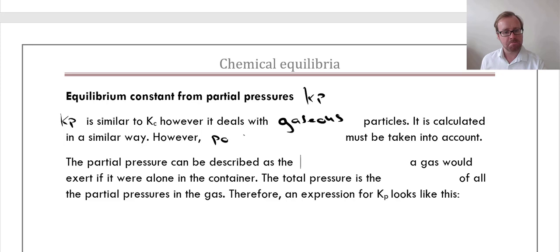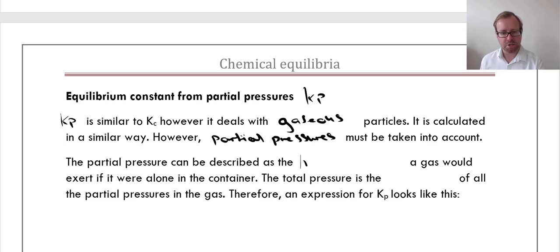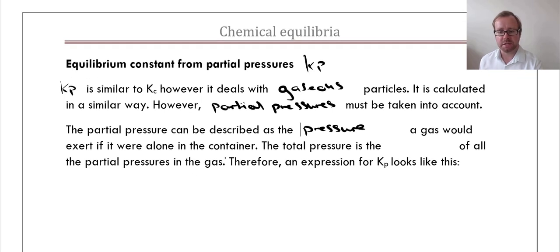However, partial pressures must be taken into account. And the partial pressure can be described as the pressure a gas would exert if it were alone in a container. And the total pressure is the sum of all the partial pressures in the gas.